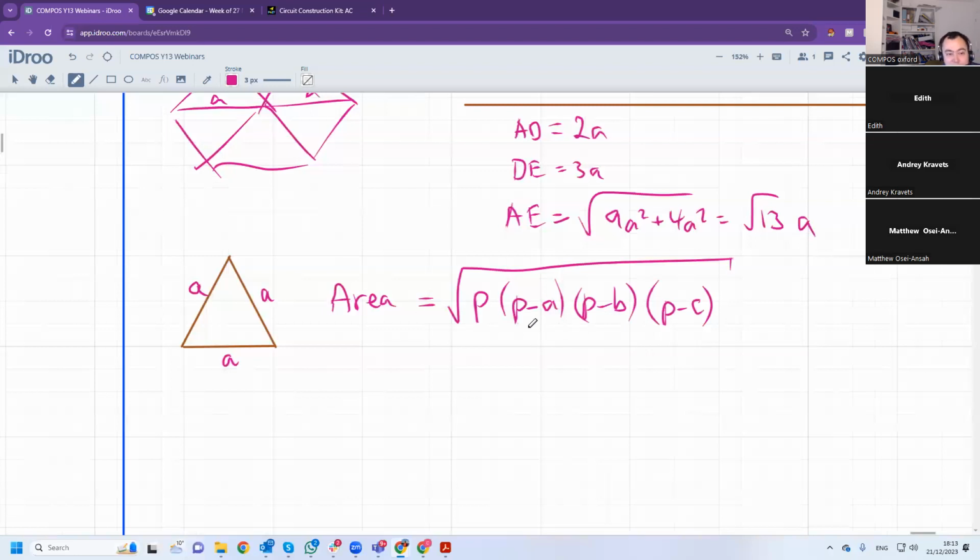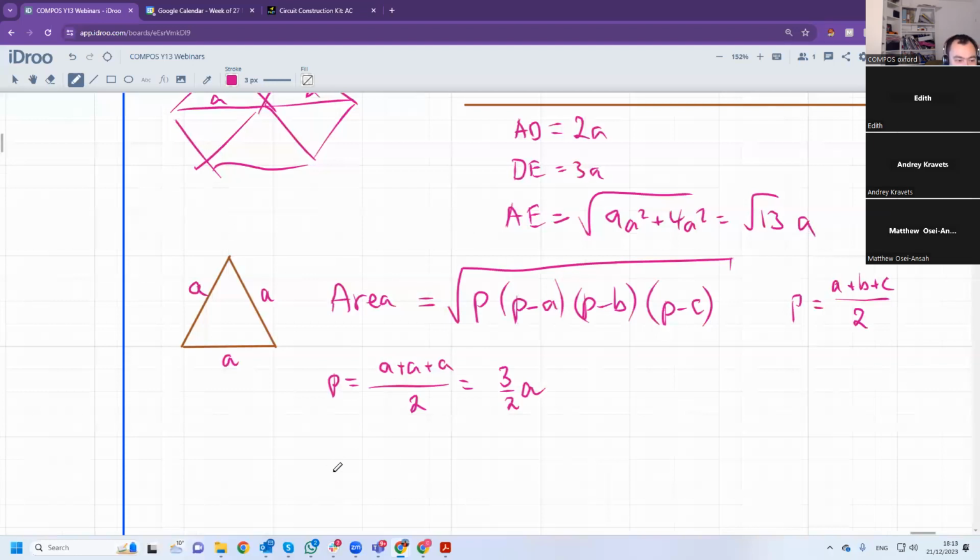So p is half perimeter. If you have a triangle and p is the half perimeter of the triangle, a, b, c are the sides of the triangle. So perimeter is a plus b plus c, but it's half perimeter, divide by 2. So half perimeter in this case is a plus a plus a, divided by 2, which is 3 over 2 a.